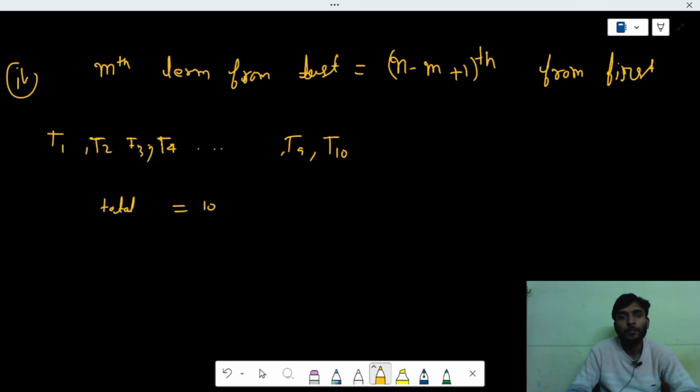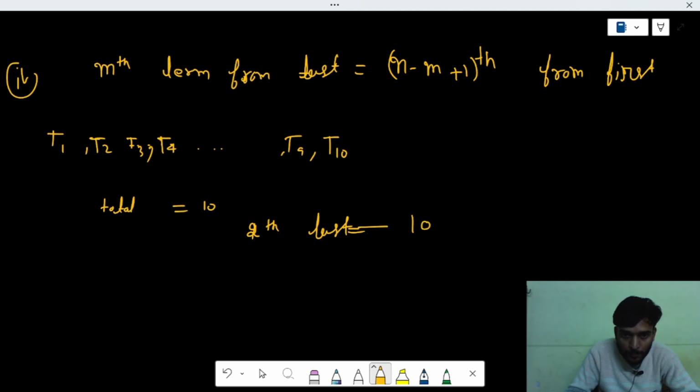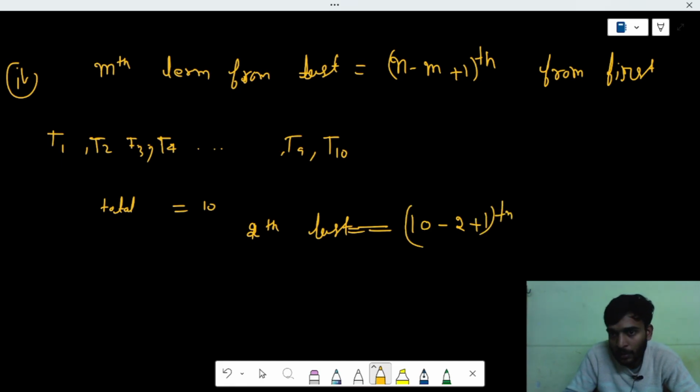Then the mth term from last is equal to the (total terms minus m plus 1)th term from first.